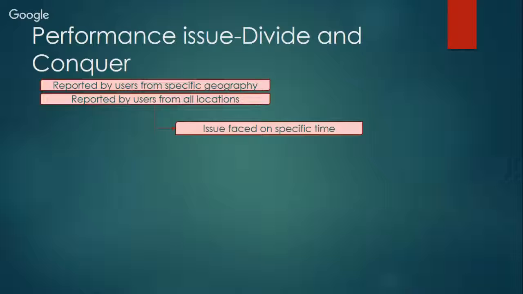A typical case is a loan origination system in your application, which is mainly used at the end of the month in order to achieve the targets of the month. So we can say that this application is behaving very slowly at the end of the month, and it's due to an increase in the load on the system.